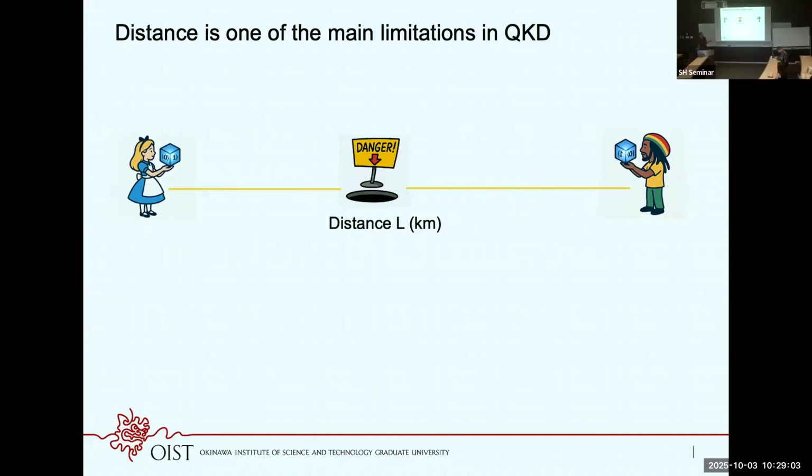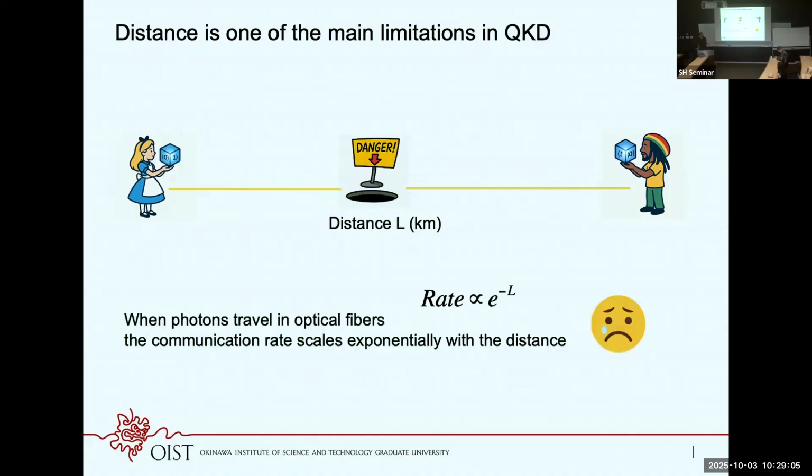The thing is, we know that the rate scales exponentially with the distance. The amount of photons reaching Bob scales exponentially with the distance. And this is the main limitation, I think, for long-distance quantum key distribution.